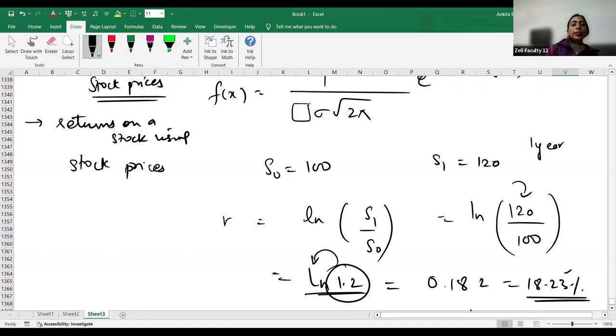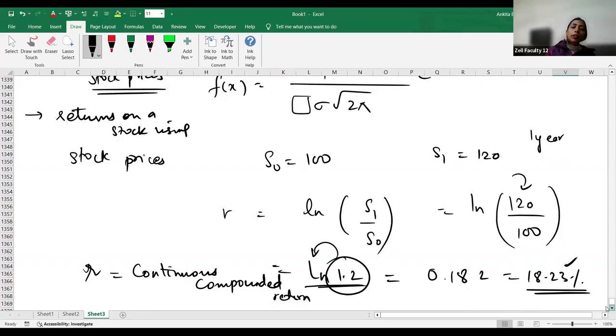This 18.23% return that you are making is known as a continuous compounded return. So what is continuous compounded return?